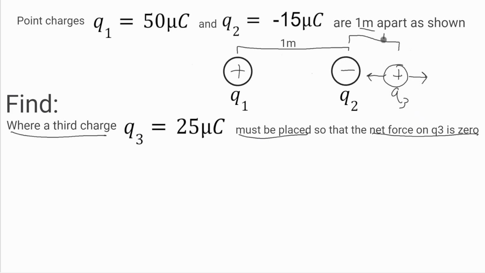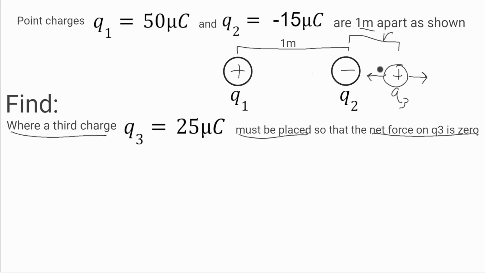I'll call this distance R, and I know there's a point here because Q1 has a larger magnitude than Q2. So despite Q3 getting closer to Q2, meaning that the force gets higher, it is also getting closer to Q1, and since Q1 has a higher magnitude, there's going to be some point, probably really close to Q2, in which these forces will balance.